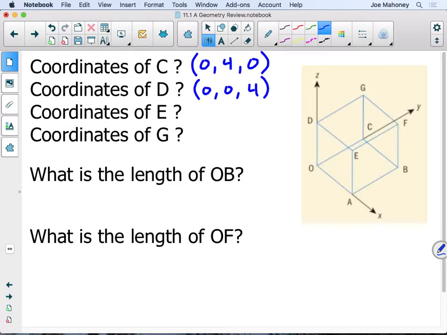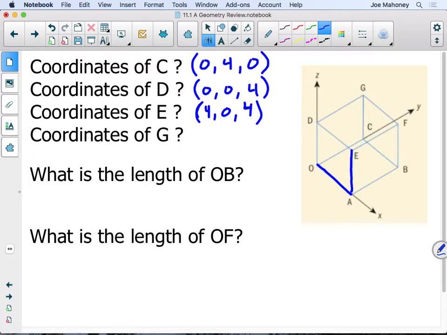If you look at point E, you're going 4 along the x-axis. You're not going in any direction on the y-axis, but you're going up 4 on the z-axis. So point E is at 0. Oops, not at 0, it's at 4. X is 4, y is 0, z is 4. So we're at 4, 0, 4.